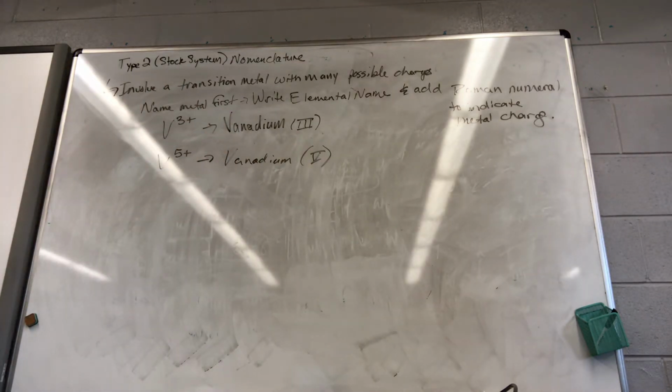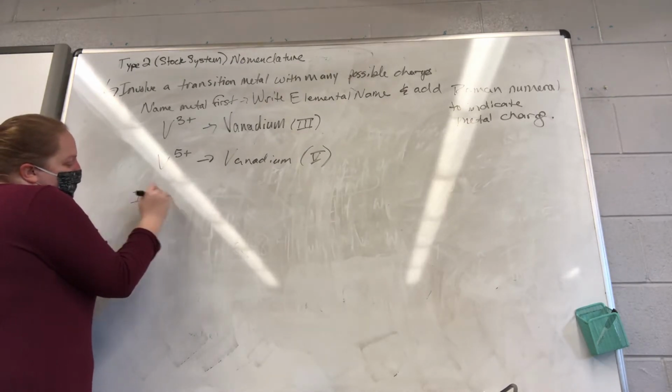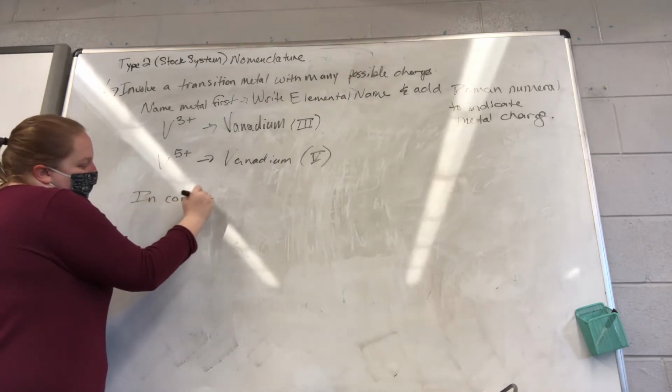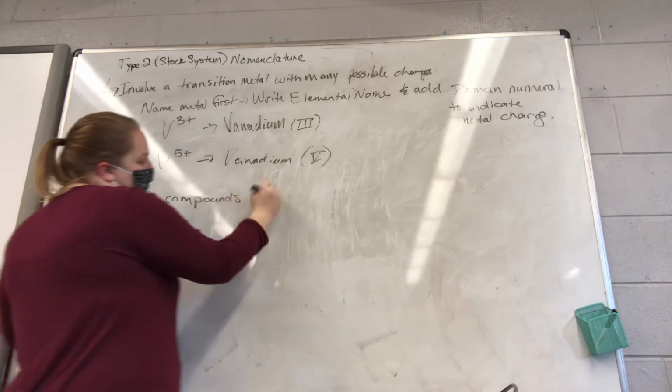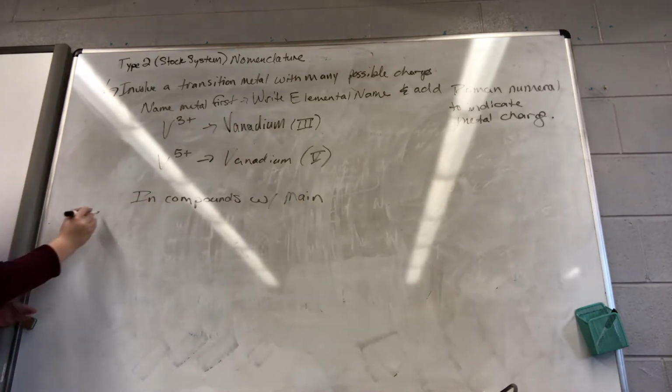So you're going to have to remember your Roman numerals up to 5. 1, 2, 3, 4, and 5. Okay? In these compounds, there's like subtype, right?